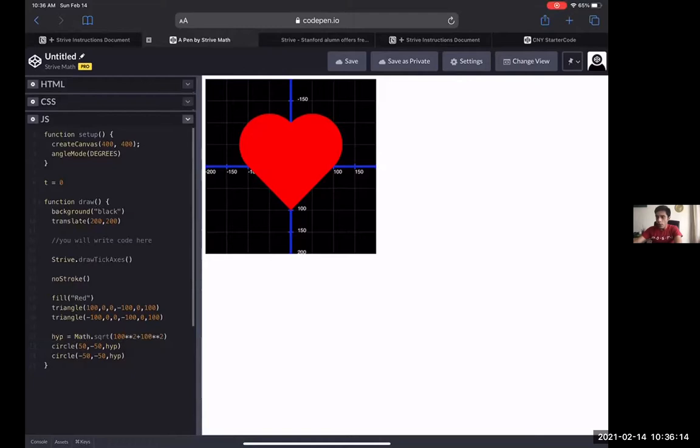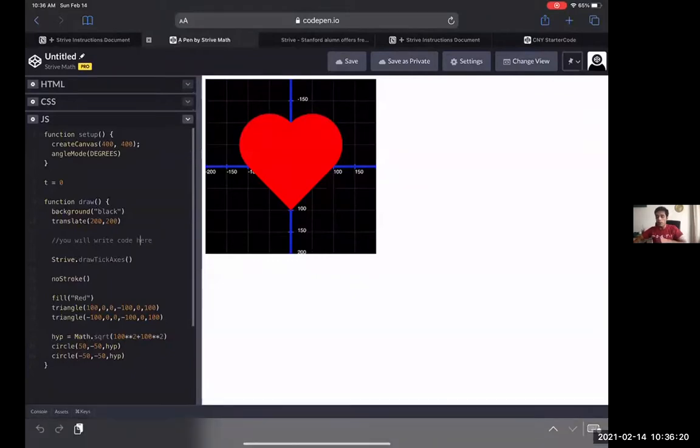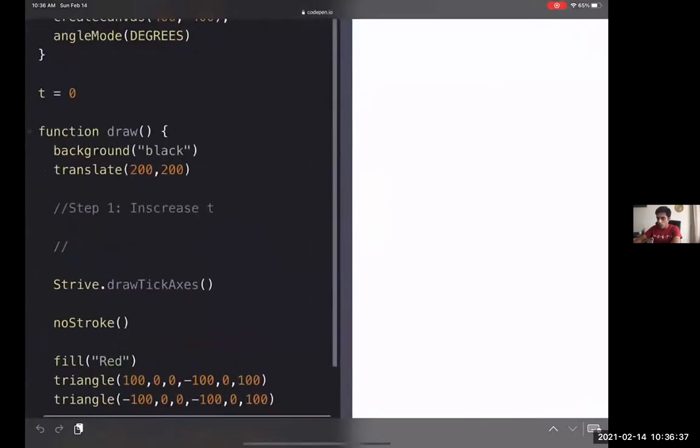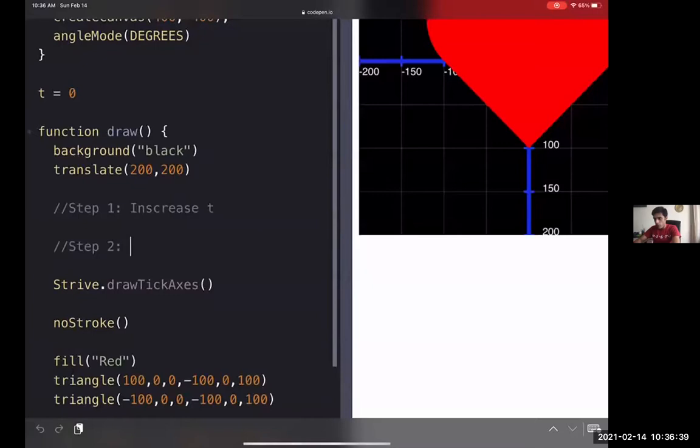So if you've opened up the link, your code should look like this. If you're in high school and you understand coding and you know what's going on, I would recommend you start again. So you write your code here. So increment T, so you will do a couple steps. Step 1, increase T, and then step 2, scale.